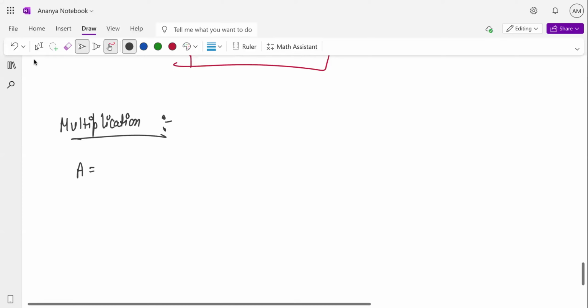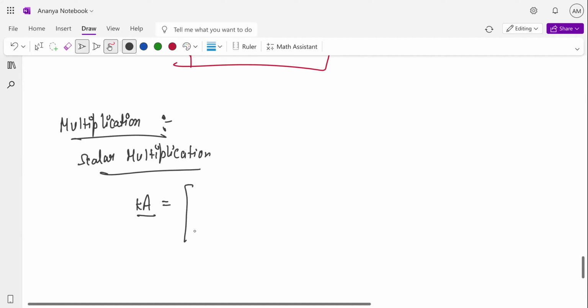First we have scalar multiplication. In scalar multiplication, we keep a matrix A, and I multiply it by a scalar, meaning some number, for example K. Let's say A was 1, 2, 3, 4.